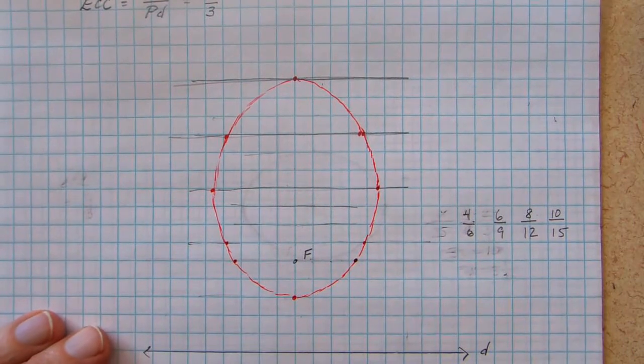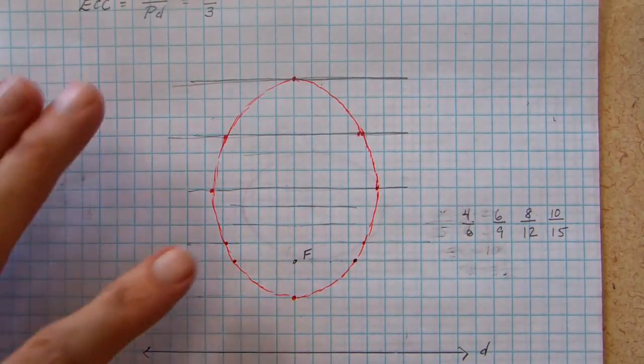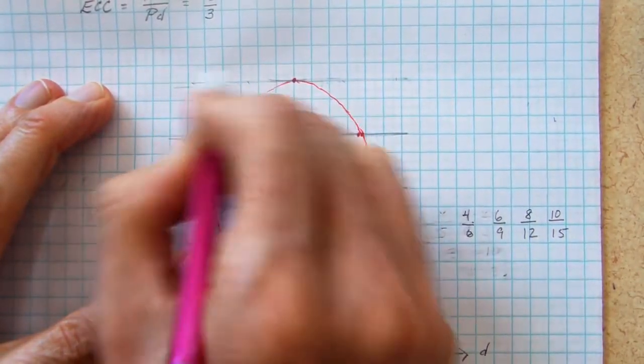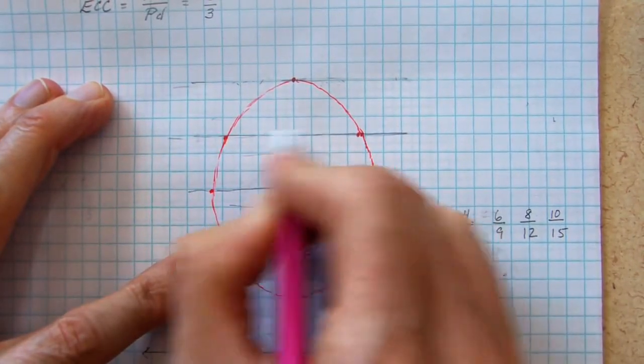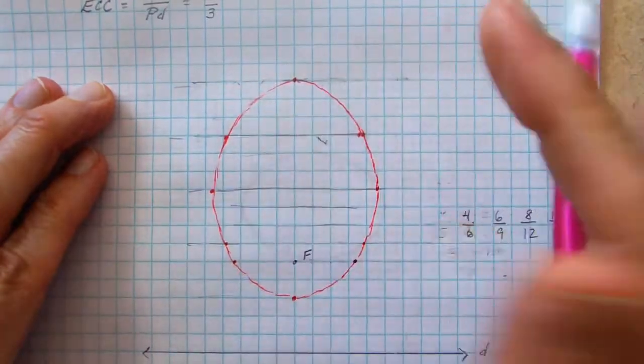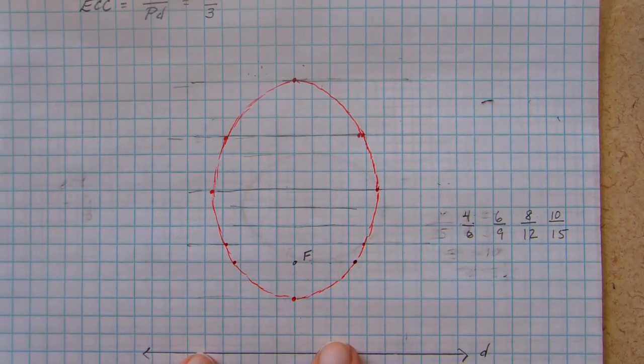And now we're going to add a few more things to this diagram. So let me get rid of some of these extra lines. I really don't need them anymore, and they might confuse folks. All right. So we have this line right here, which is a directrix.